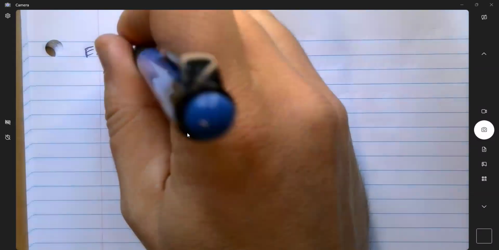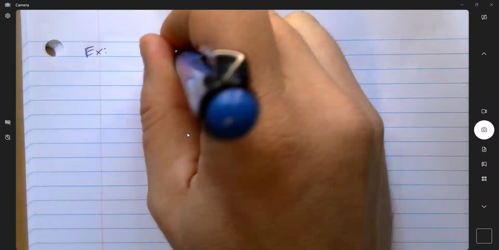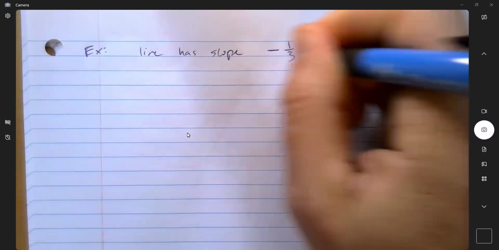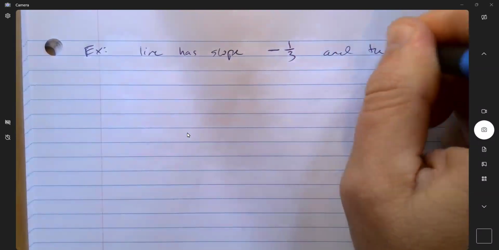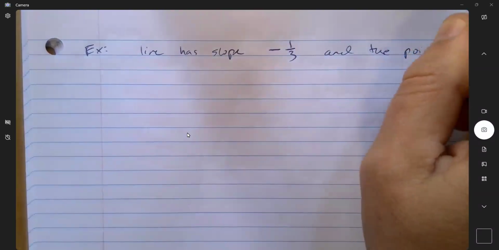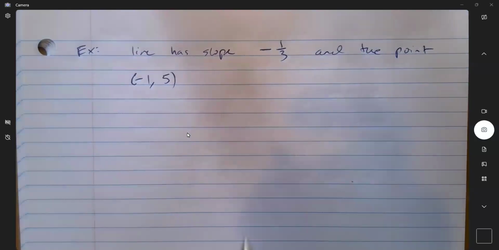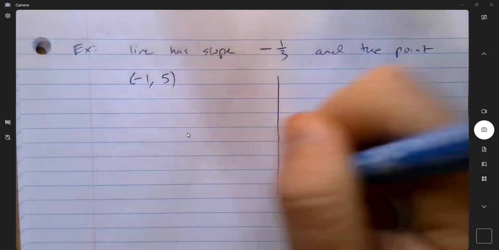Let's do another example. Let's say that my line has a slope of -1/3 and the point (-1, 5). So if I want to graph it, I draw my axes.